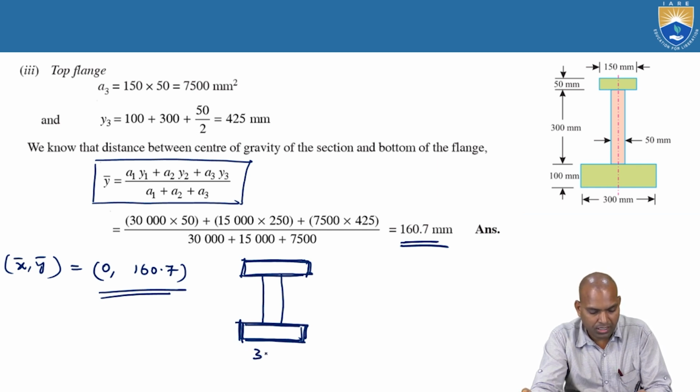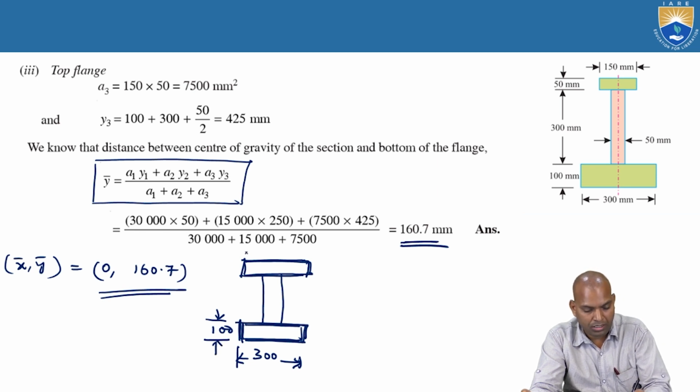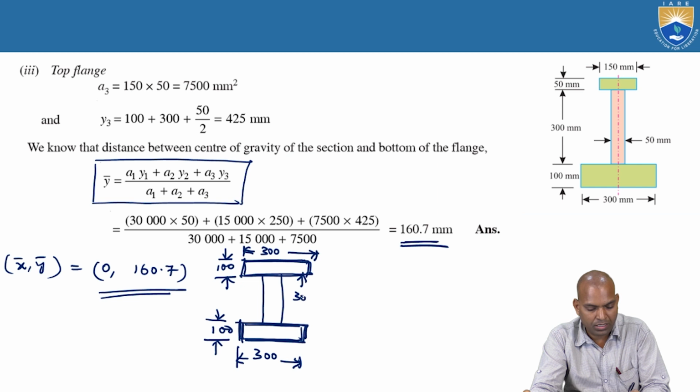Suppose I consider 300 millimeters length and 100 millimeters flange thickness for the top and bottom flanges. The web height is again 300 millimeters, and the thickness is 50 millimeters.